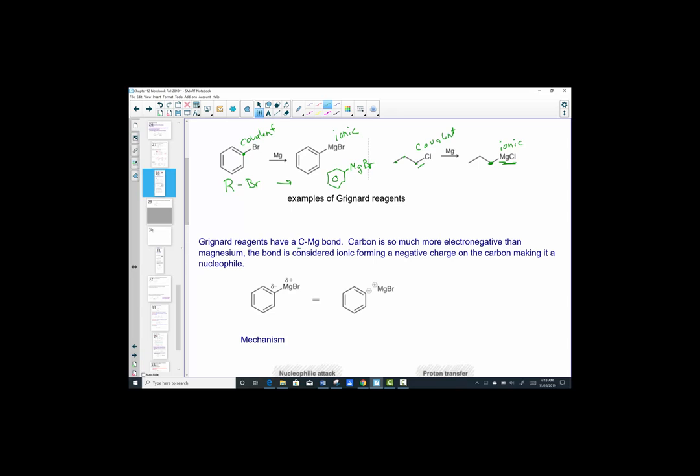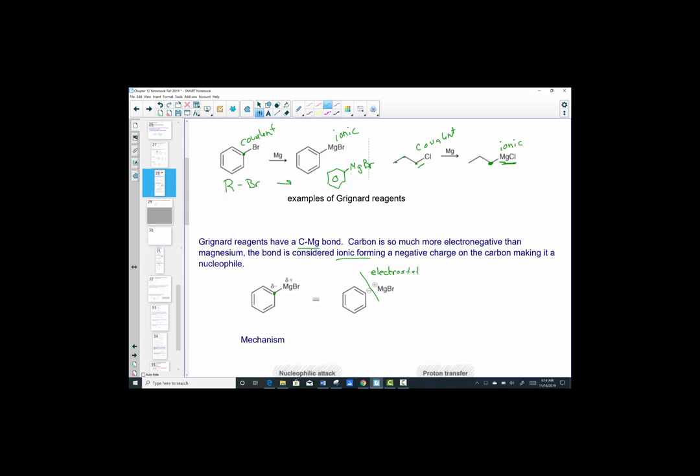Because we have this C-Mg bond, carbon is so much more electronegative than the magnesium. It's no longer considered a covalent bond, but an ionic bond. The carbon attached to the magnesium is so much more electronegative that it creates a separation where we have electrostatic attraction holding them together, but not a shared pair of electrons.